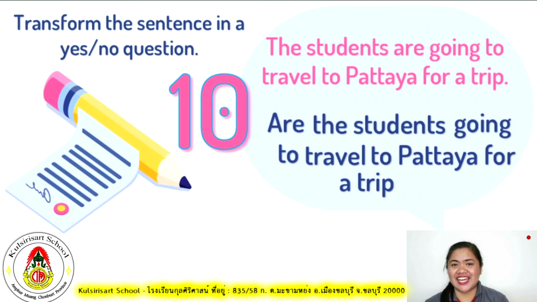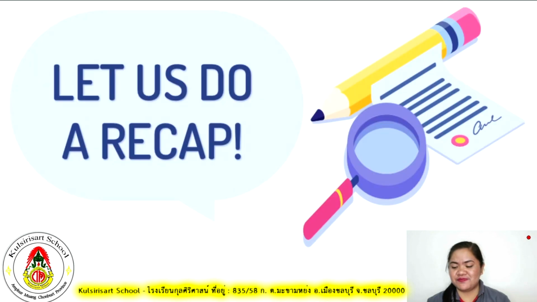What's missing? Okay, question mark. Now let's read. Are the students going to travel to Pattaya for a trip? Can you read it again? Very good. So now, we are finished answering our exercises.